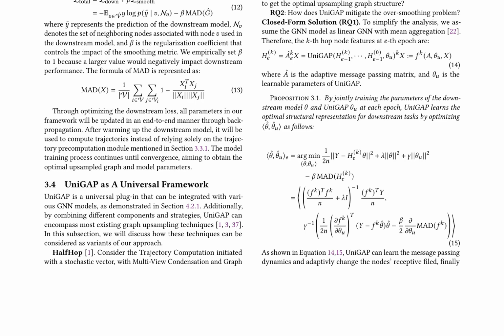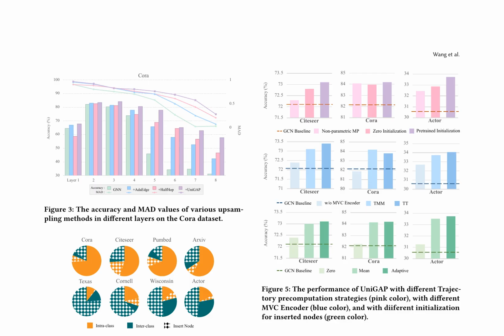The framework's ability to adaptively change the node's receptive field and learn the message passing dynamics enables it to mitigate the oversmoothing problem. Theoretical explanations for UniGAP's effectiveness are provided through closed-form solutions and lemmas, which demonstrate that UniGAP can learn the optimal structural representation for downstream tasks by optimizing the upsampling probability and the downstream model's parameters.